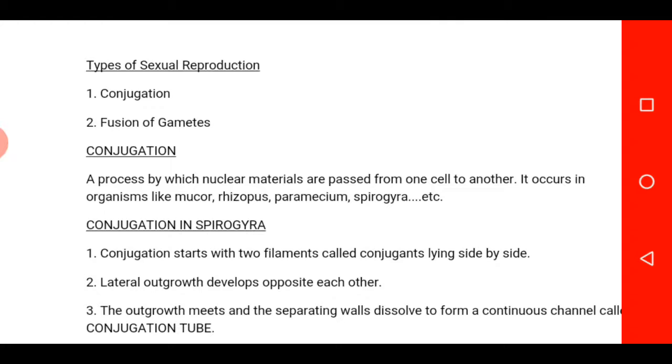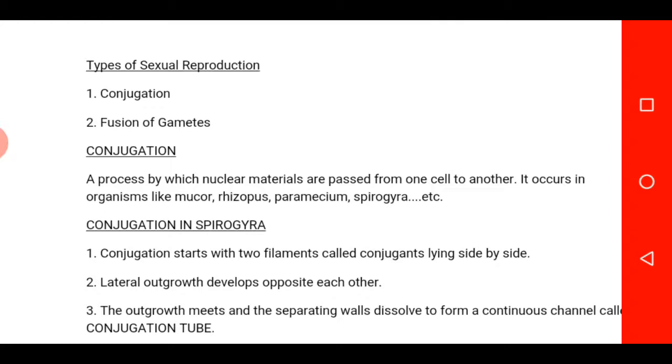That means we have two different cells in which the nuclear material of both of them fuses together. So the nuclear material moves from one cell to the other, which fuses together to form a zygote or zygospore. It occurs in organisms such as mucor, rhizopus, paramecium, spirogyra, etc.